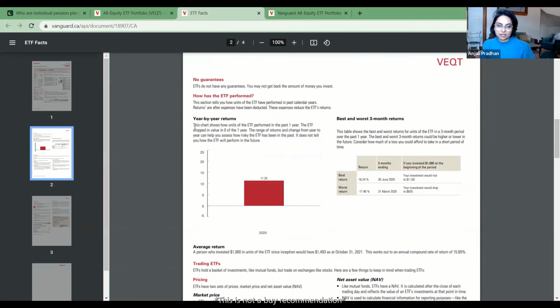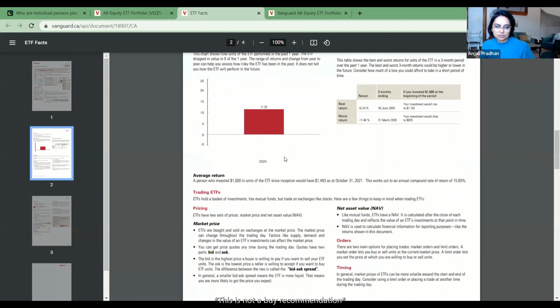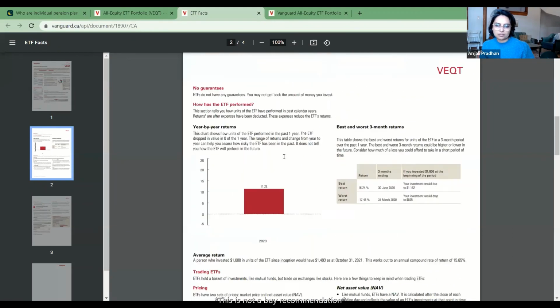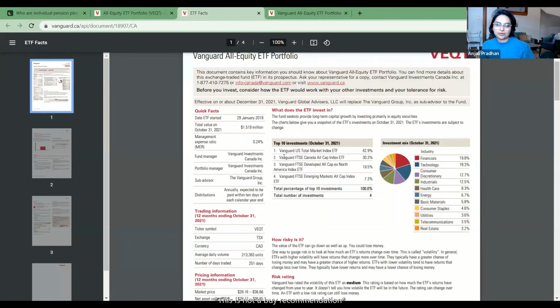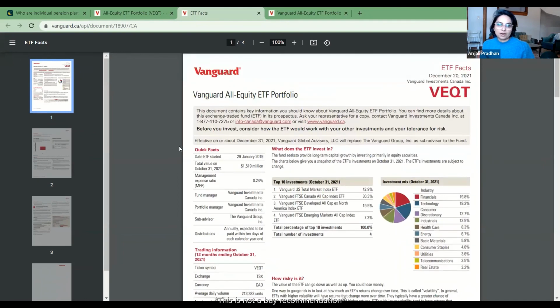Now, see here, they're talking about previous year's returns. Okay, this chart shows how the units of the ETF performed in the past 1 year. I think it's a new ETF. Otherwise, I don't see why they would just give you 1 year return. Oh yeah, here.